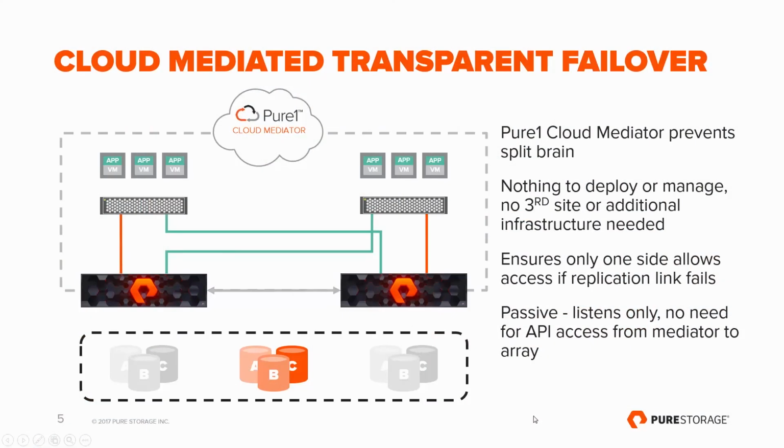We have two arrays here in the environment. This is similar to the environment that we have in the lab right now. There's two hosts, one at each site. There's an array at each site, and we've got connections from each host to each array.